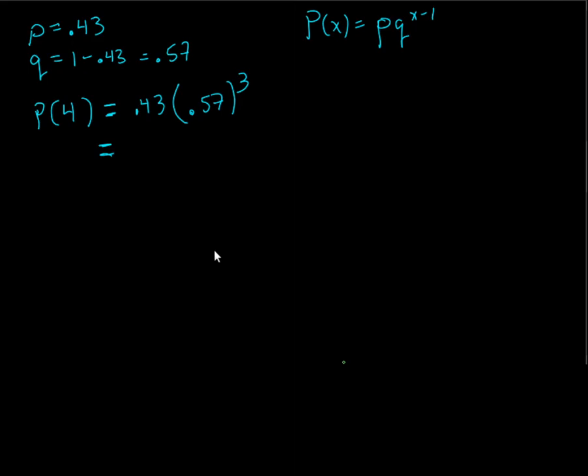To distinguish the two: the binomial distribution gives you the probability of exactly a certain number of successes in a given number of trials. The geometric distribution gives you the probability of the first success being on a given trial.